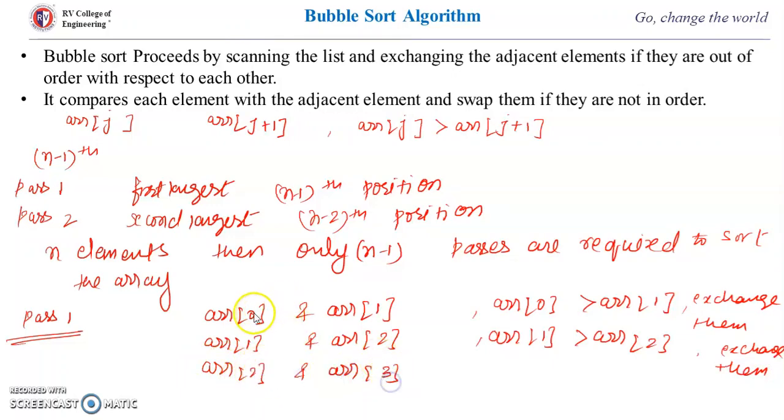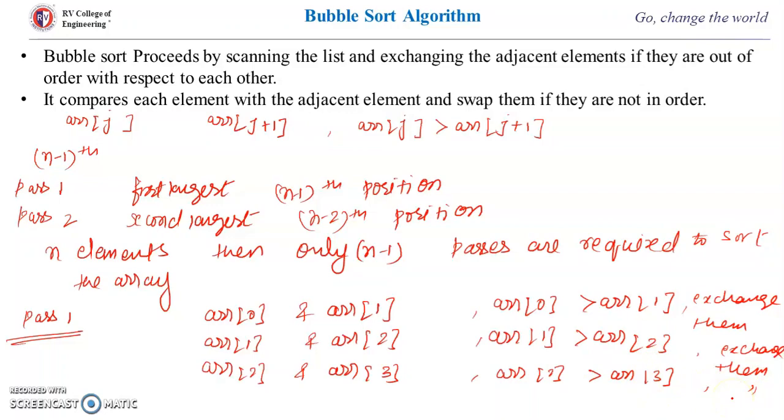See, each time we are comparing the adjacent elements. First 0 with 1, then 1 with 2, and then 2 with 3. If 0 is greater than 1, we need to swap them. If 1 is greater than 2, we need to swap. If 2 is greater than 3, again we need to swap.